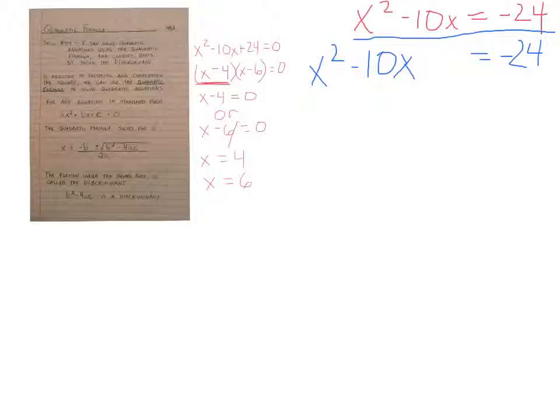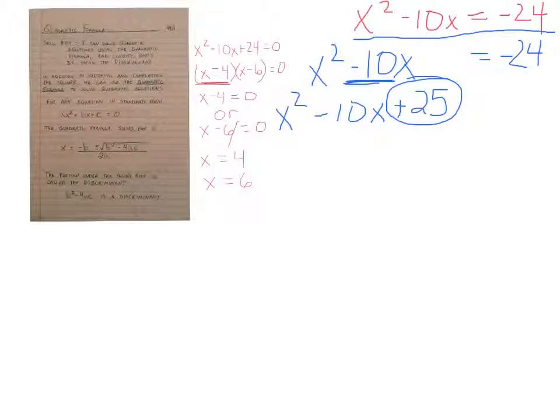The first step in completing the square is to take half of your b value, so half of negative 10 is negative 5, and negative 5 squared is positive 25. So we took half of b, squared it, and added it to the left-hand side, and we add it to the right-hand side as well to keep the equation balanced.